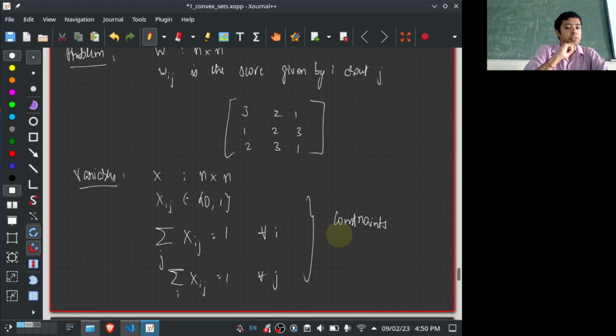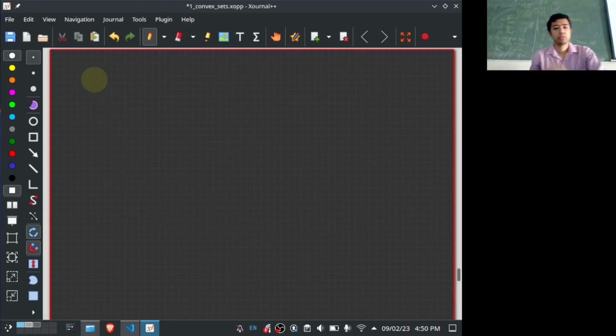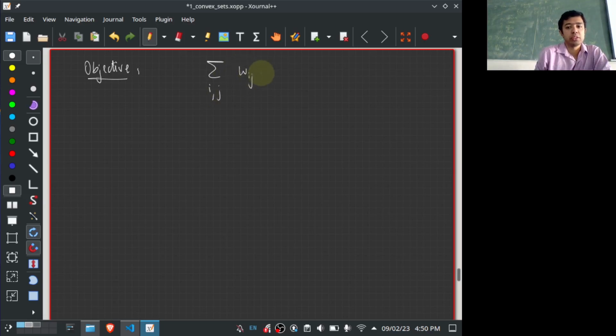Okay, so now what is the optimization? What is the objective? The inner product between X and W, or basically take the element-wise product and then sum. The objective is basically the summation over all i, j of wij xij.